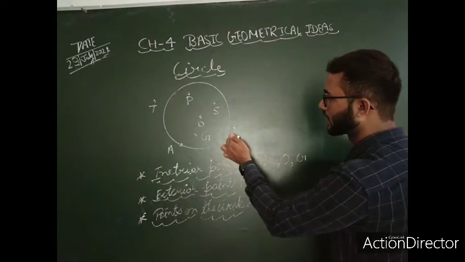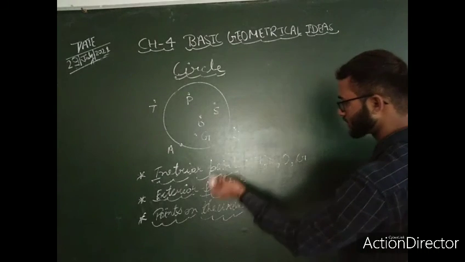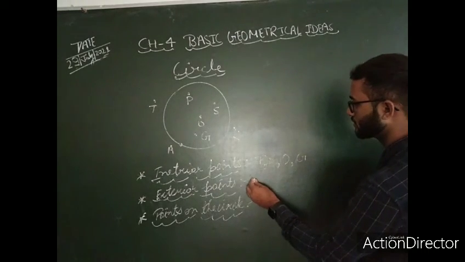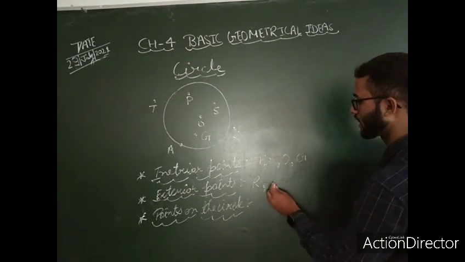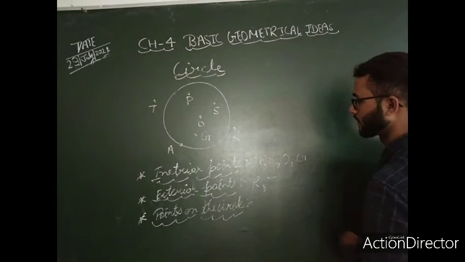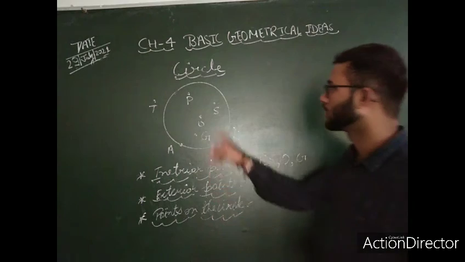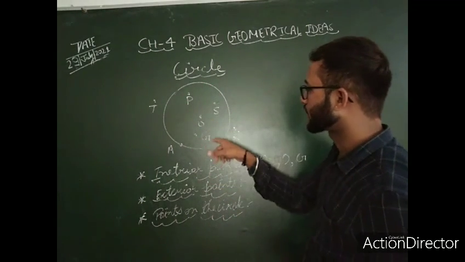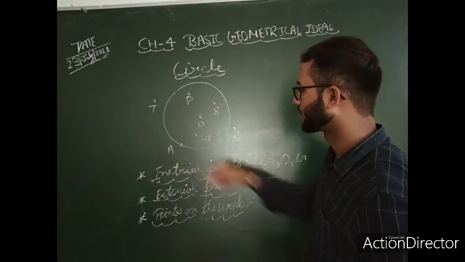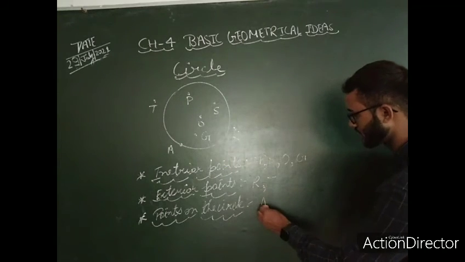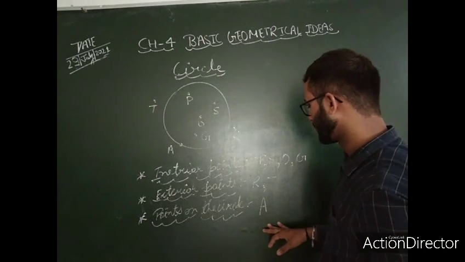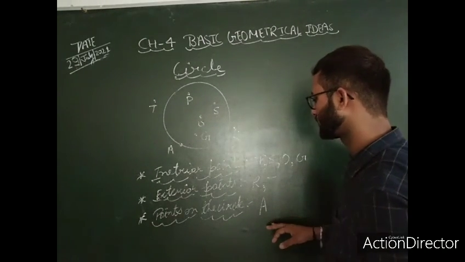R and T are the points which lie outside of the circle. So these points are known as exterior points. Now points on the circle mean any point which lies on the circle, so there is A. So we say that A is the point which lies on the circle.